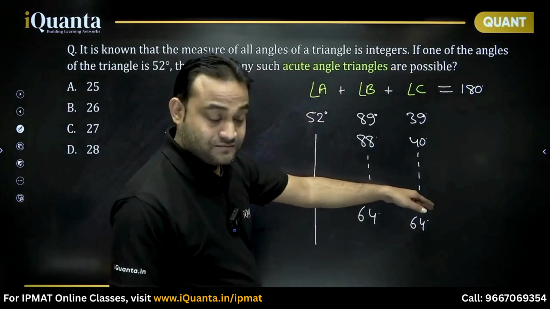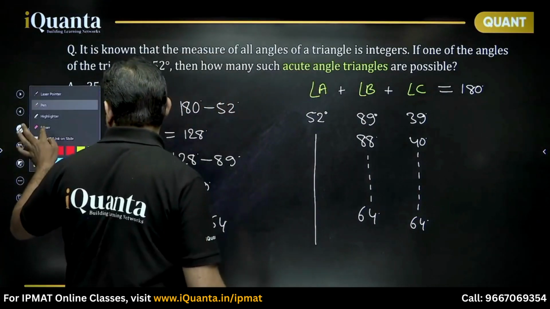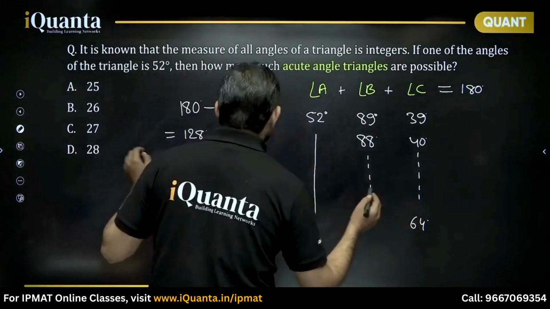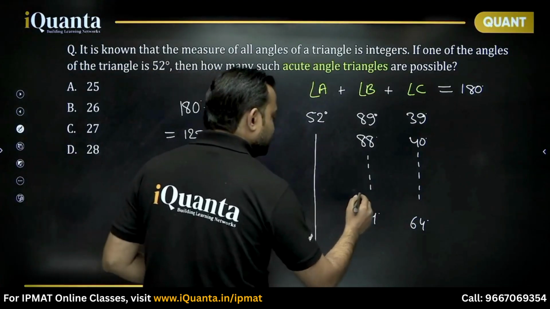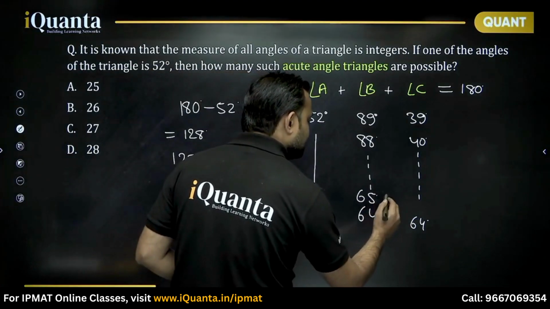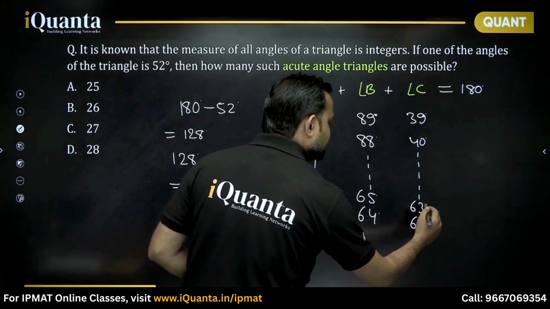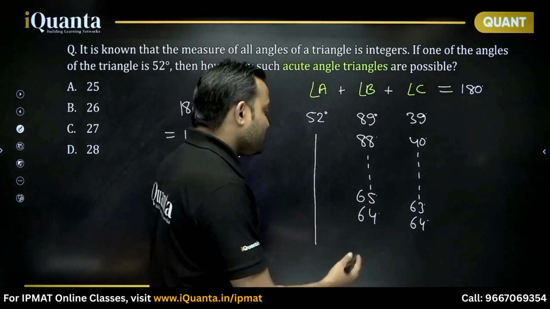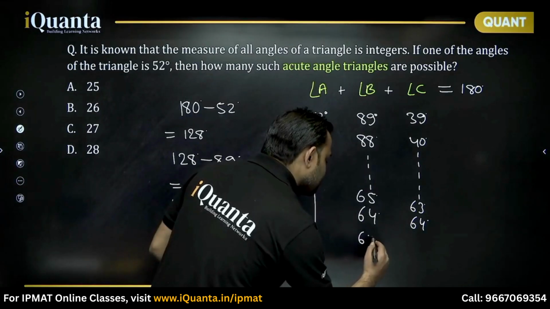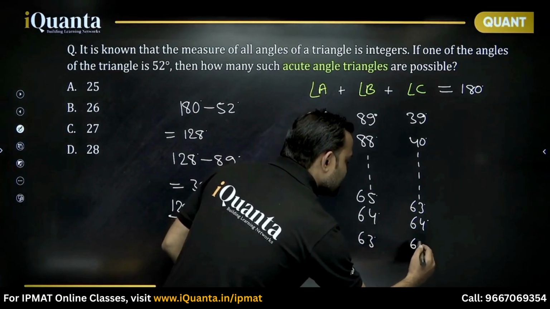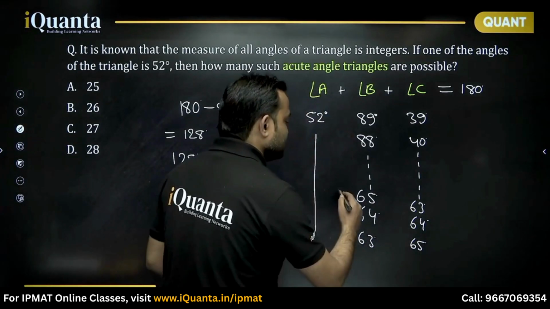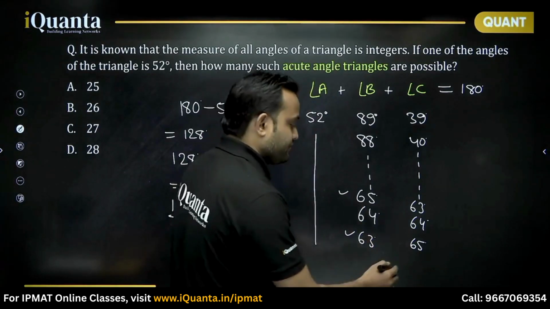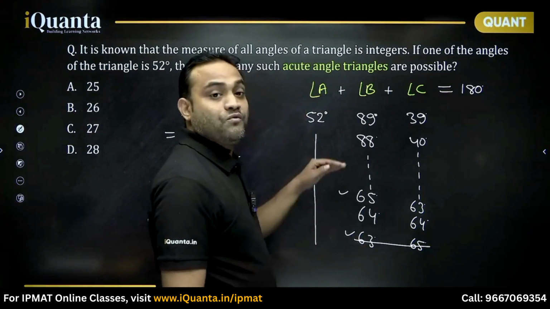Before this, there will be a situation where this angle will be 65 degrees and this angle will be 63 degrees. Now we don't need to go further. Why? Because if we go further and make it 63 degrees, then this will become 65 degrees. So these two triangles will be the same. So we don't need to go further.